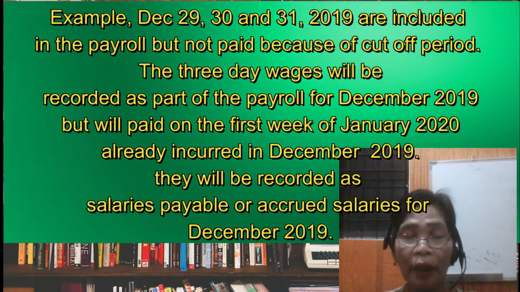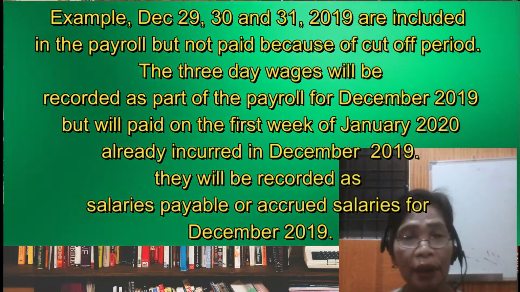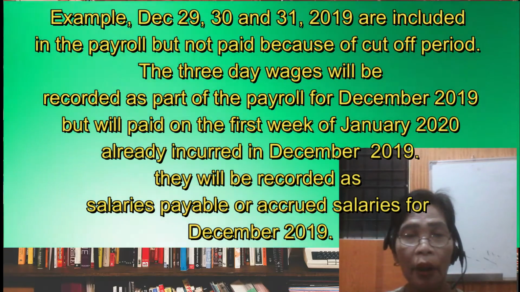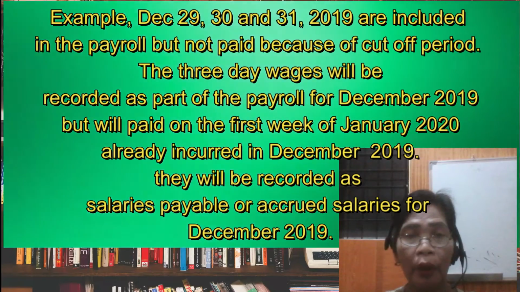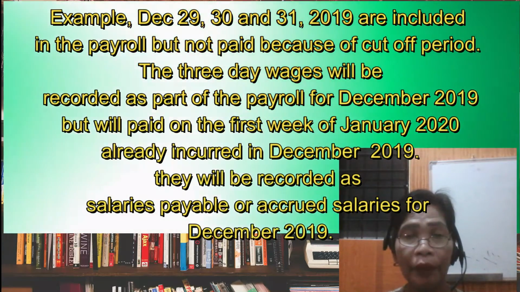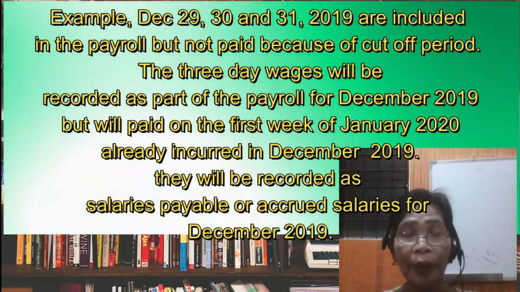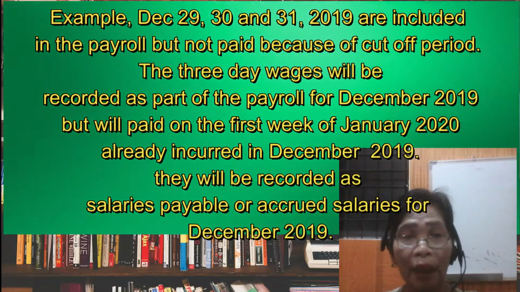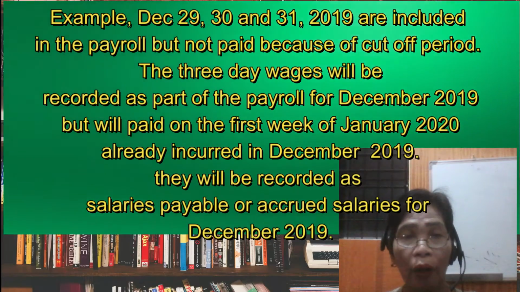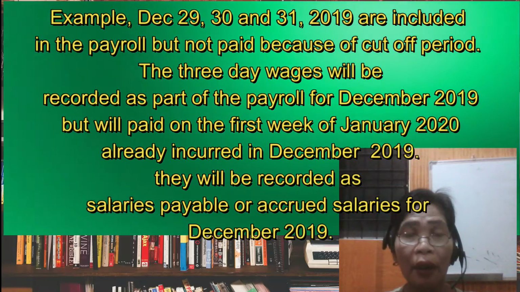So in the board there, you have an example. December 29, 30, and 31 were not paid off, but they are a part of the payroll. The employees were able to work for their wages, but they were not paid because of the cut-off. So the next disbursement for salaries will be in the next month.